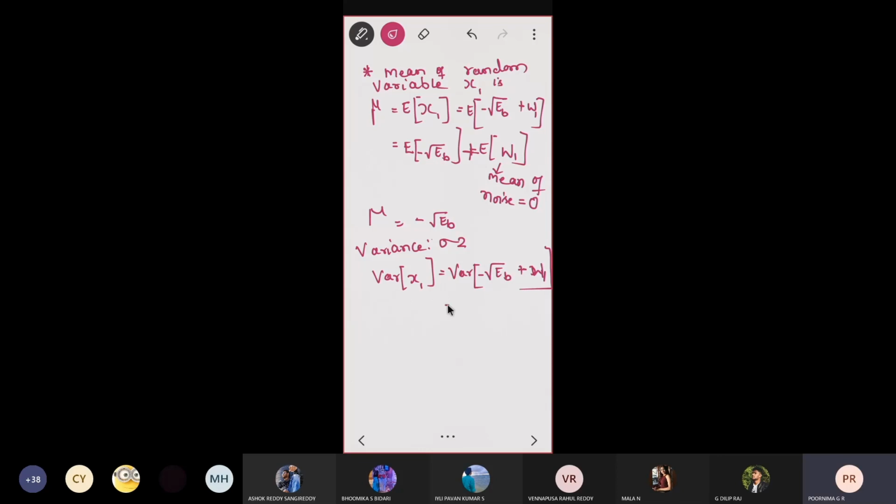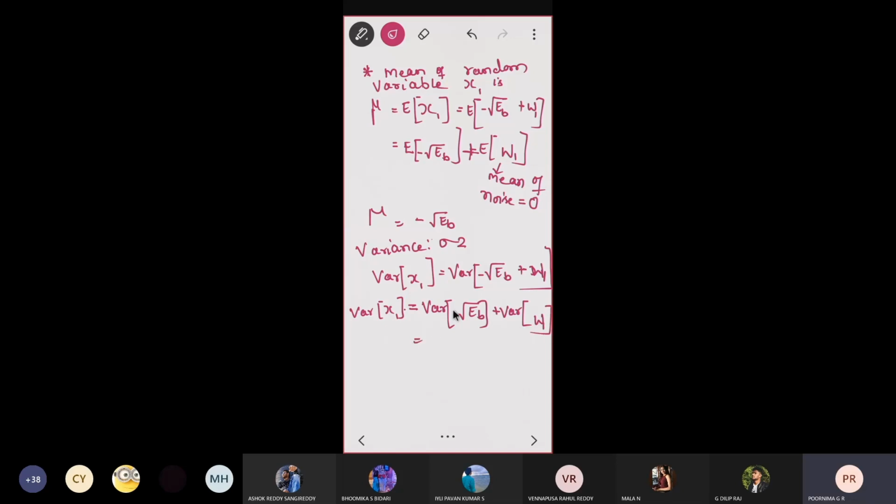So the variance of x1 is equal to the variance of minus root Eb plus the variance of the noise W1.